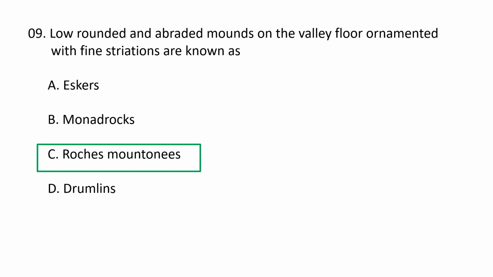The passage of glacier ice over underlying bedrock often results in asymmetrical erosional forms, and as a result of the abrasion, it will form scars on the upstream side of the rock and plucking on the lee, also known as the downstream side. So low rounded and abraded mounds on the valley floor ornamented with fine striations are known as roche moutonnées.